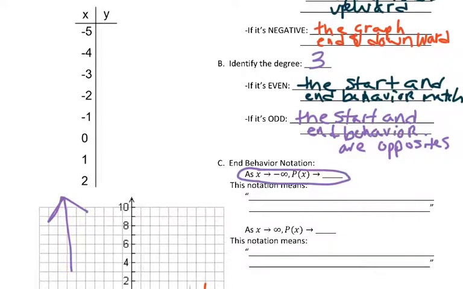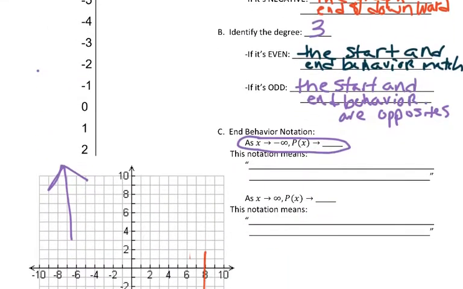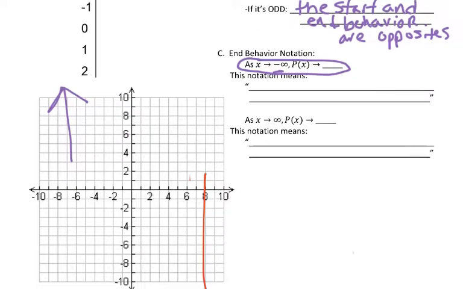So as we read this, this is saying as x's go to the negatives, well, here's our x's, and they're going towards the negatives, what does the y value do? Because remember that p of x in this case is y. So what does the y do? It goes up. So I'm going to write that in here.